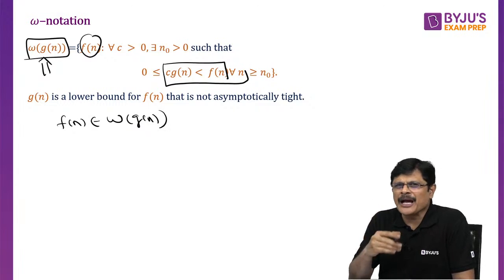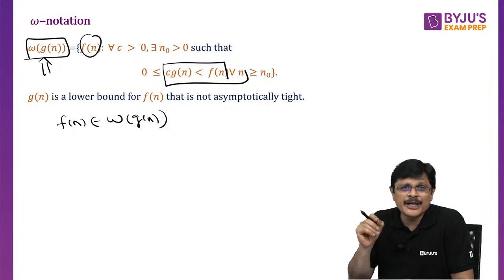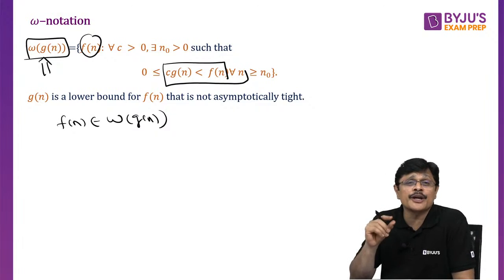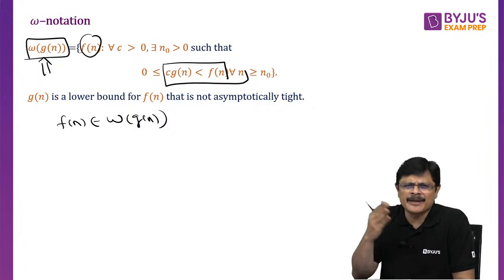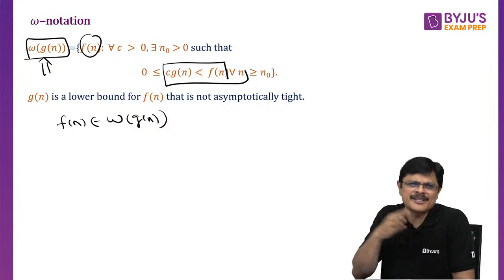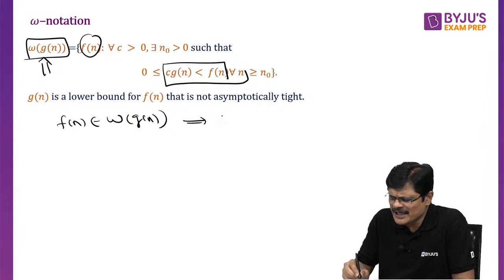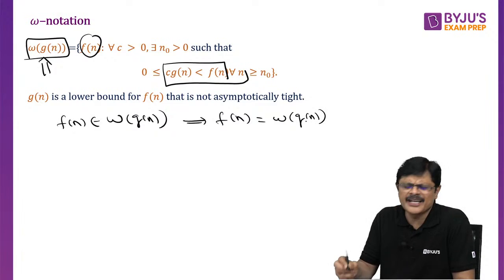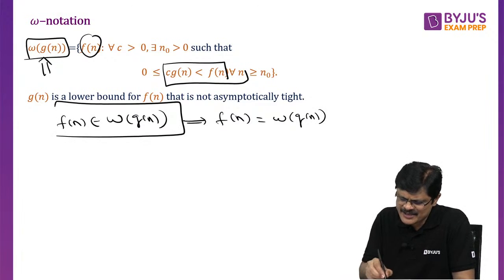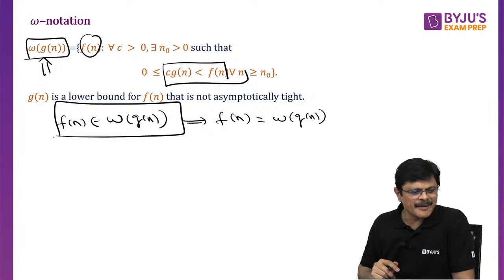Because of that, some people have a misunderstanding. Strictly speaking, Fn belongs to small omega of Gn. But here we don't try to be so strict. Strict mathematicians are a little strict, but here we simply use a lenient notation like Fn is equal to small omega of Gn. Am I clear?